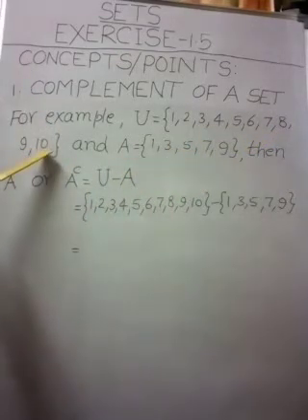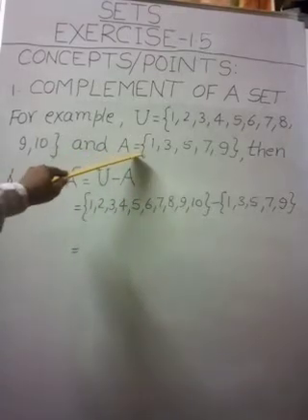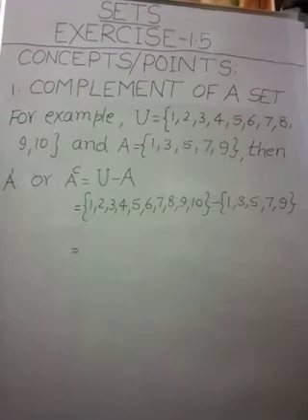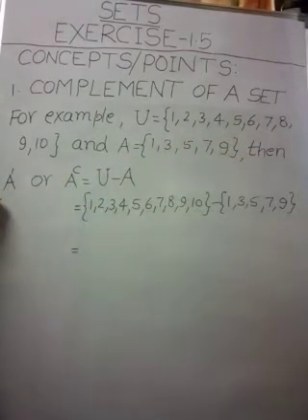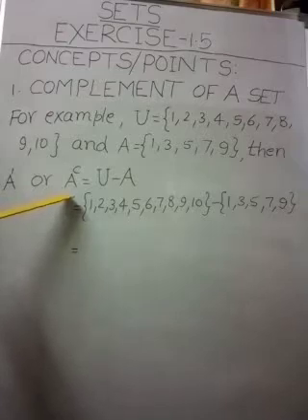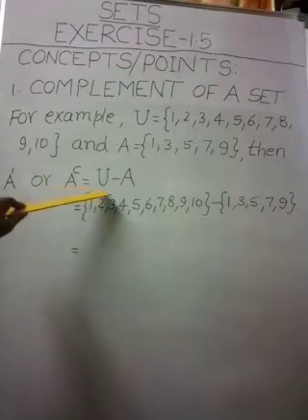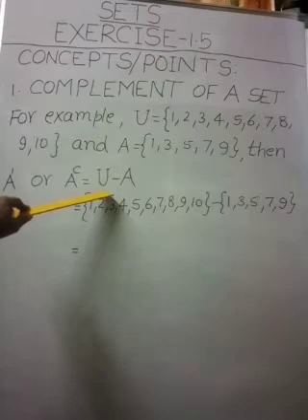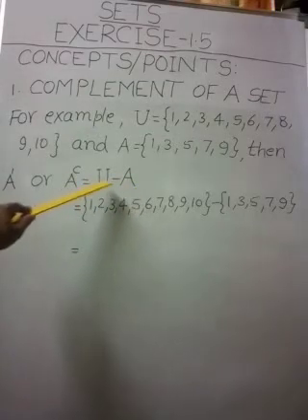These are the elements of the universal set, and A is equal to the set 1, 3, 5, 7, 9. These are the elements of the set A. Then A complement or A dash is equal to, this is the formula to find the complement of the set A, that means the difference of these two sets.